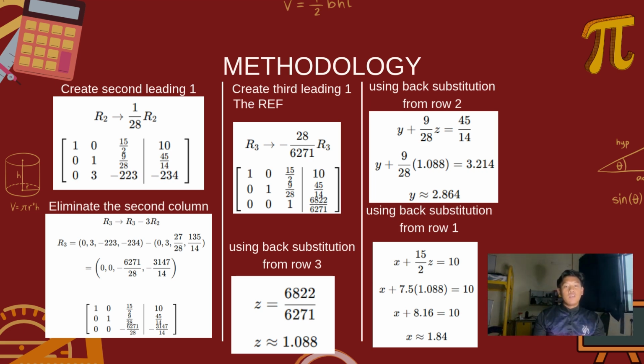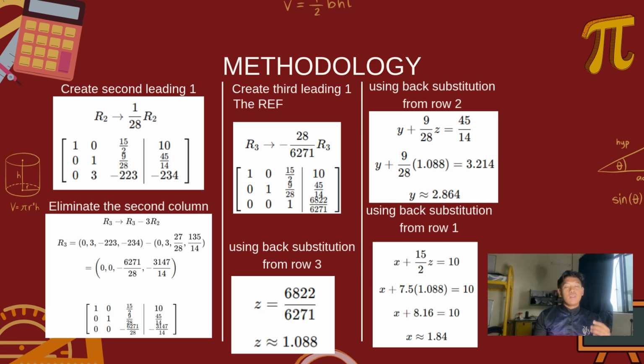We get z equals 6,822 over 6,271, which z we will get 1.088. Now, using back substitution again from row 2, we want to find the value of y. We insert the value of z into row 2. So, y plus 9 over 28 z equals 45 over 14.